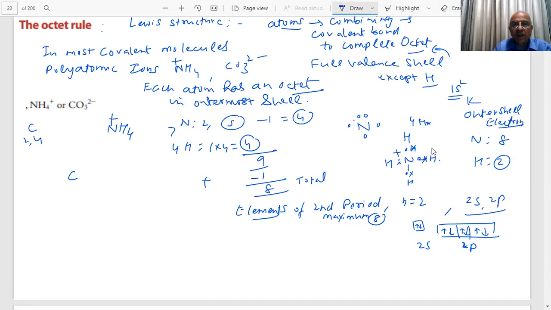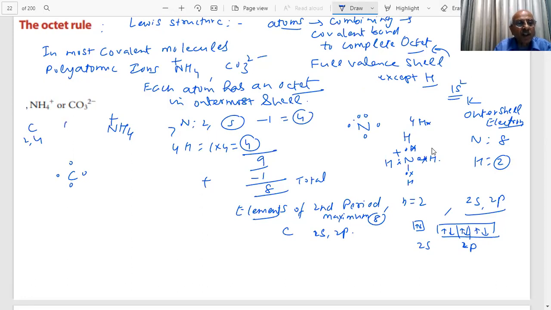Okay. So here you have carbon, which has only 2s and 2p. Carbon has four electrons, one, two, three, four. And if you combine it with the three oxygens, what will happen?